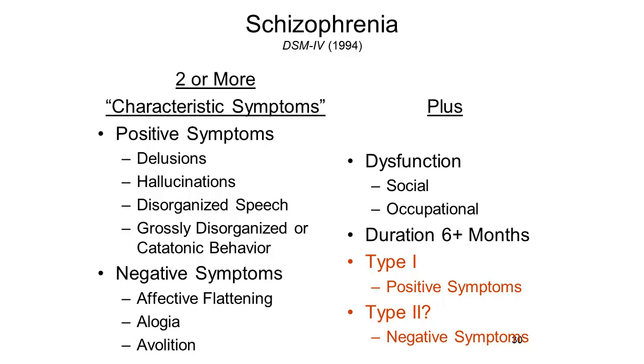The modern diagnosis of schizophrenia also abandons the Bleulerian subtypes such as hebephrenic and catatonic schizophrenia in favor of a simpler distinction between type 1 schizophrenia and type 2 schizophrenia, where type 1 is dominated by positive symptoms and type 2 dominated by negative symptoms.